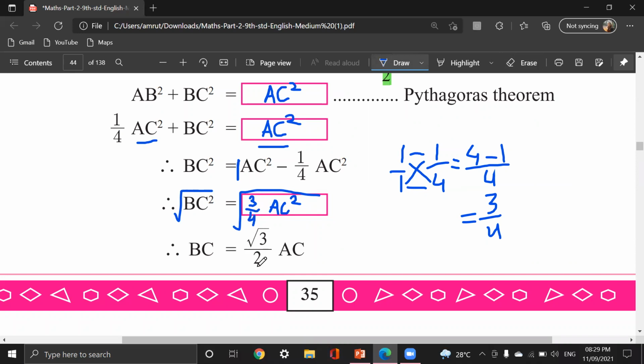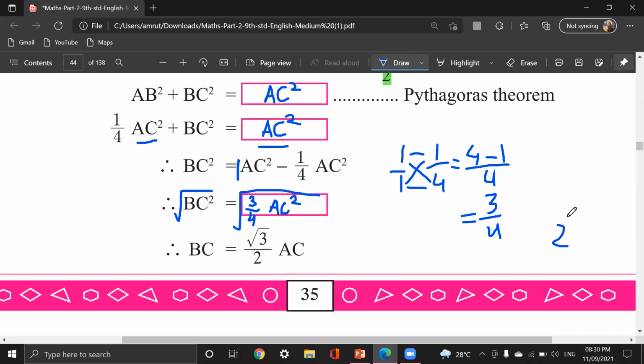So what is the root of 4? It is 2. 2 times 2 is 4. That's why for the root of 4 we get 2, and for AC square we get AC. Okay, so the square gets cancelled by the root. So BC square becomes BC, AC square becomes AC. Root 3 we get as it is. Root 3 we don't have the answer, but root 4 which is there, that is 2. Root of 4 is always 2. Why?